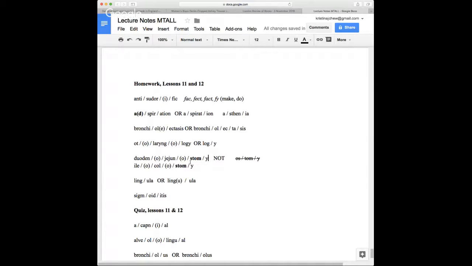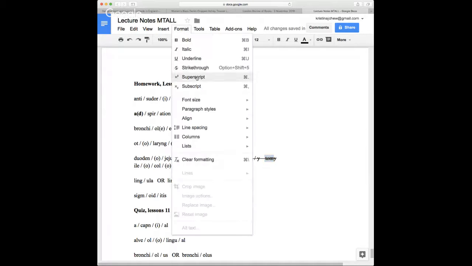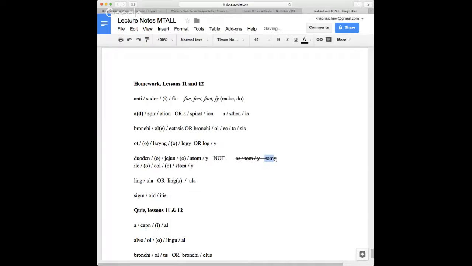You're going to definitely see a word like this on the final exam. So we'll keep practicing them, but I wanted to warn you that when a word ends with this stomy, so the word for opening and the suffix, it's not using the compound suffix form tomy, which means to cut. And a couple of you have indicated that and got it marked wrong. I wanted to tell you this.